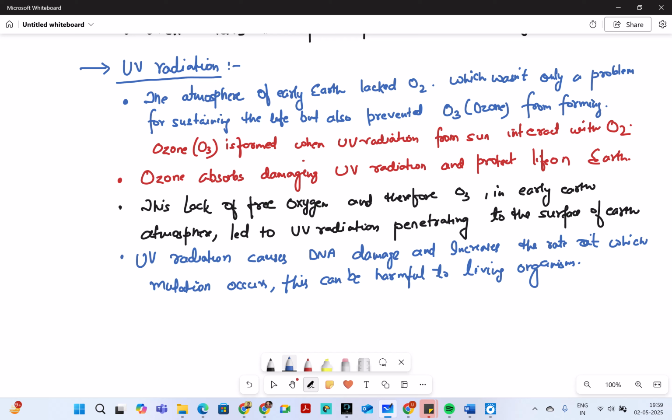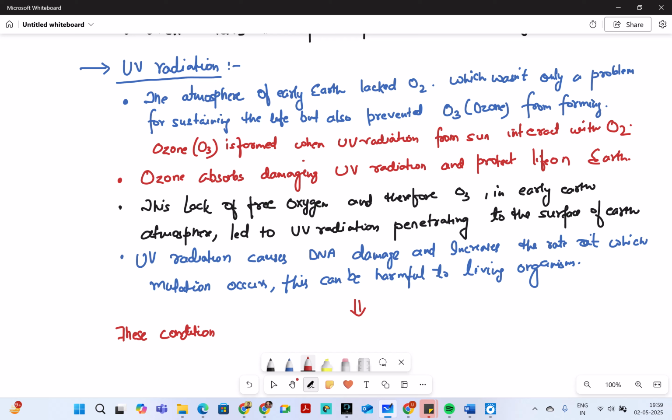Right? So these conditions on early Earth may have resulted in the spontaneous formation of carbon compounds.